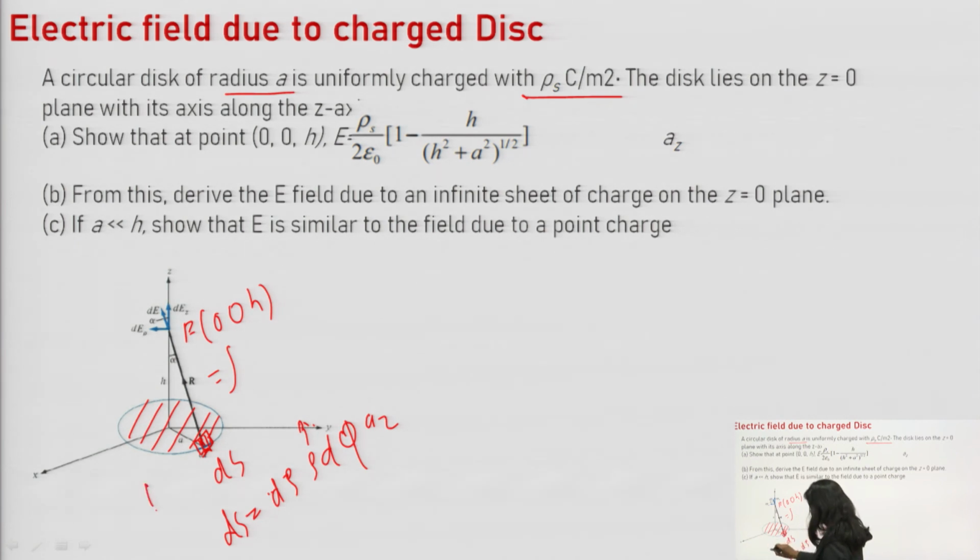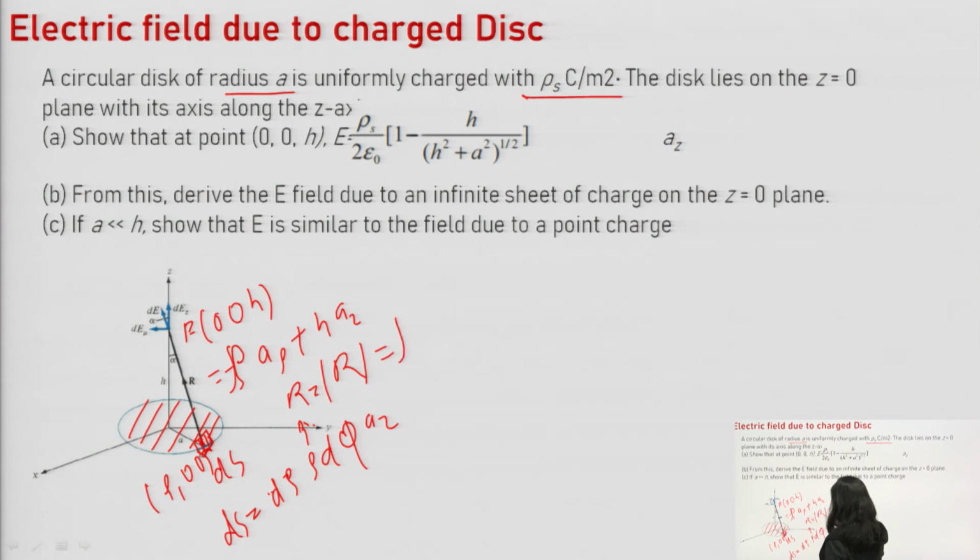The coordinate of this will be rho 0 0, so R will be equal to minus rho a rho plus h az. The magnitude of r will be equal to rho square plus h square.